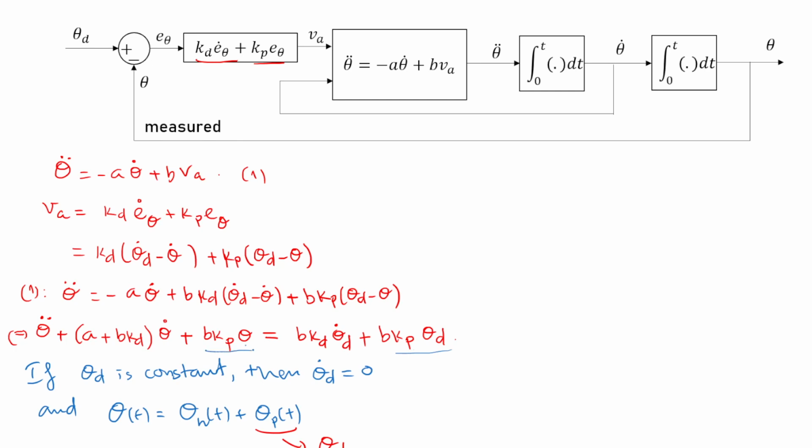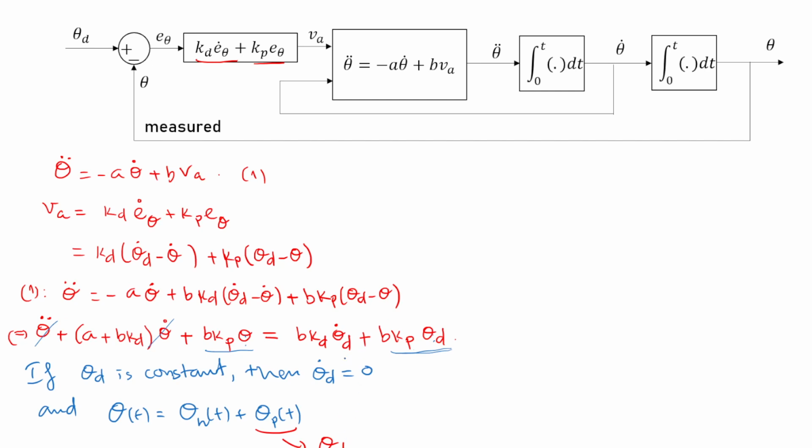So this constant equals this constant, which means theta approaches theta d, right? Because theta is constant, its derivative terms are 0, so theta equals theta d. And this is what we want.